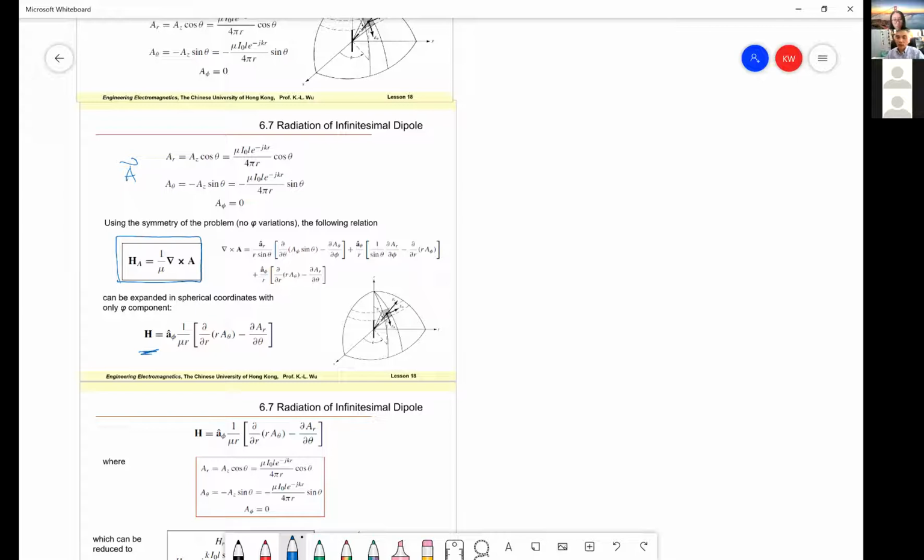All this manipulation is just what we have learned in calculus, and we urge every one of us to do this exercise.